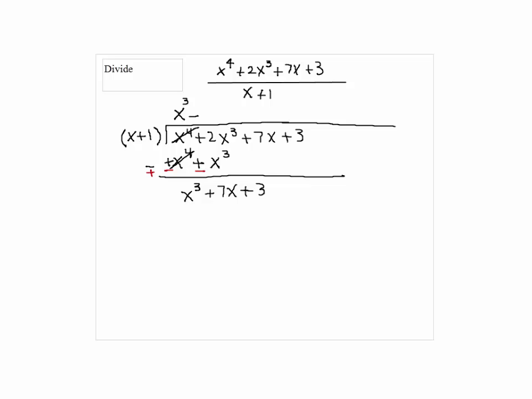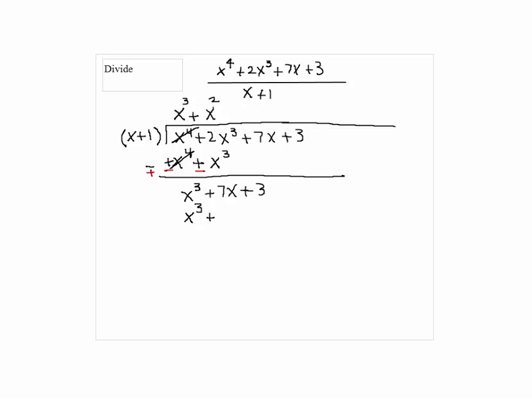So we have x to the power of 4 minus x to the power of 4, which results in 0. The remainder would be 2 minus 1, which is just 1, x to the power of 3. And we can carry down the rest of the terms and continue.